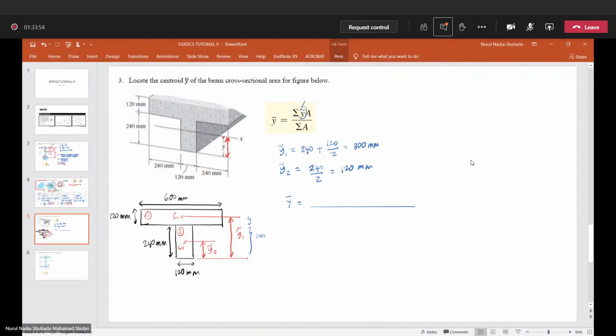So we arrange the values for segment 1 first. y1 is 300, and the area of segment 1 is 600 times 120, plus segment 2 with centroid y2 equal to 120, and the area of segment 2 is 120 times 240, over the total area.